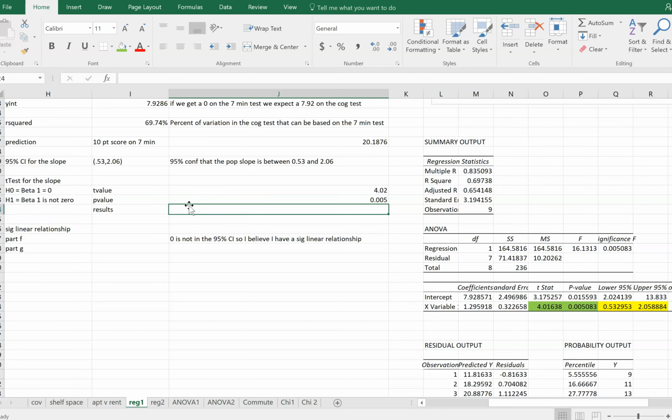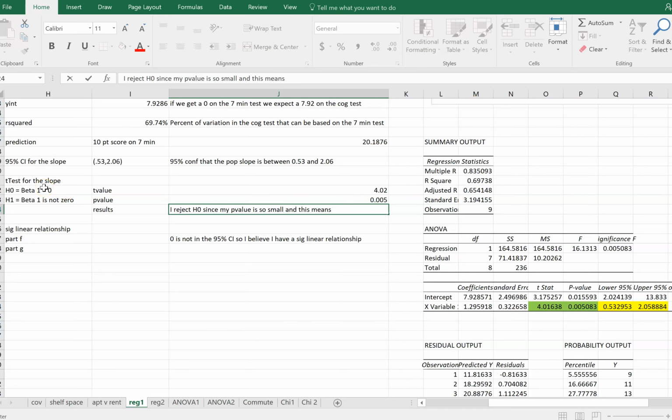So this tells me I reject H naught since my p-value is so small. And this means, well, look at your H naught. Your H naught is your population slope is 0. That's what this test is for, by the way.